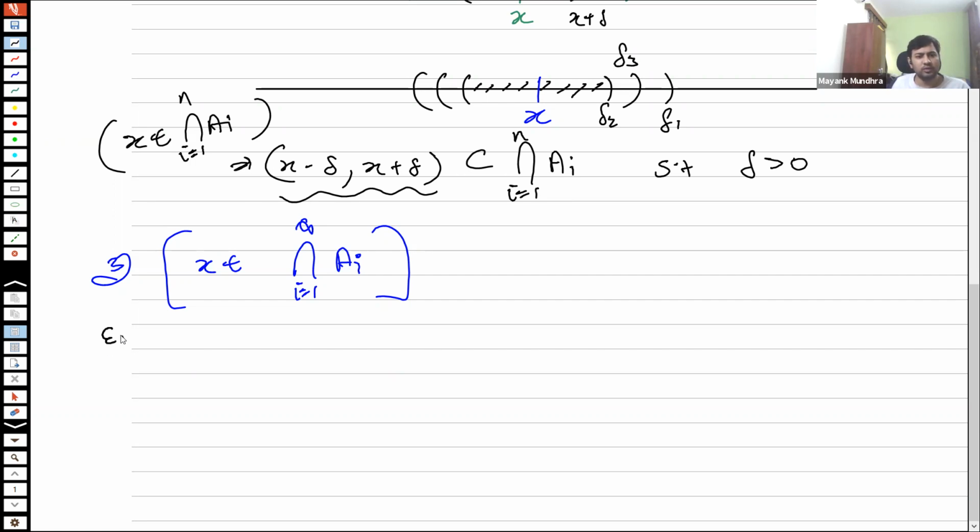So as an example, consider a collection of sets A_i such that A_i equals minus 1 by i to 1 by i, for all i belonging to natural numbers.